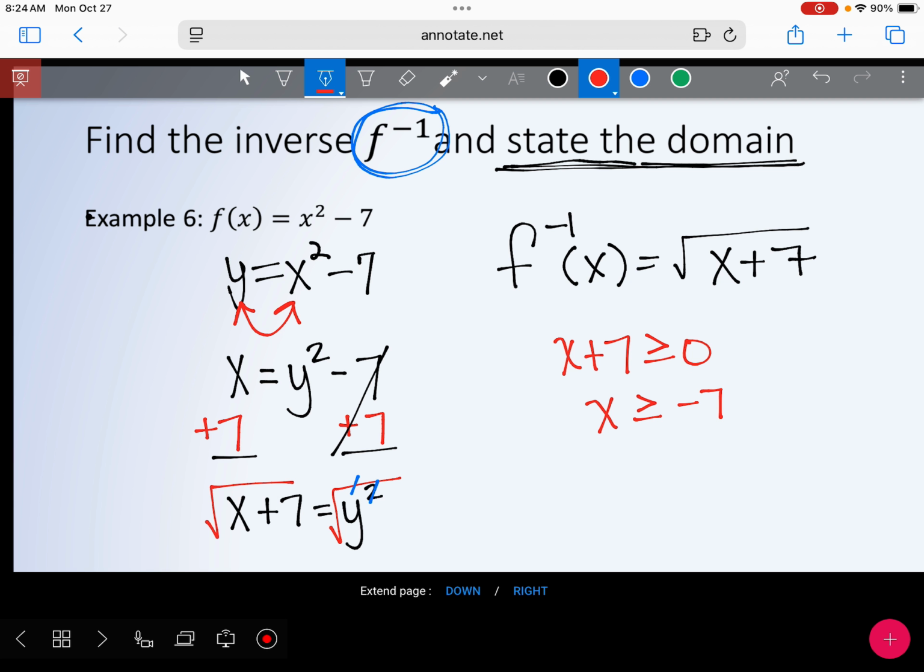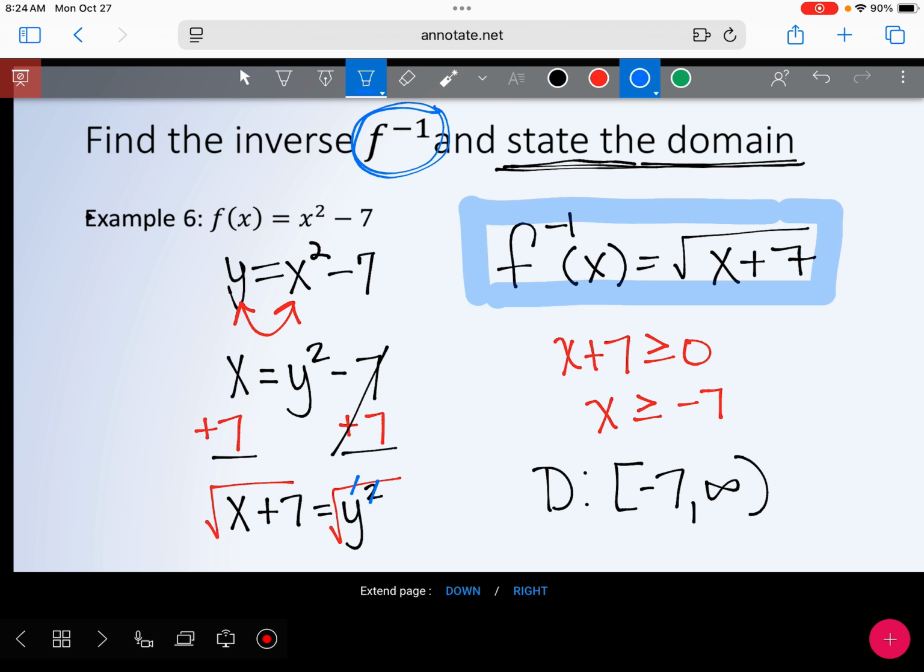So x has to be greater than or equal to -7. So my domain would be bracket -7 to infinity. So this is my inverse function, and this would be my domain.